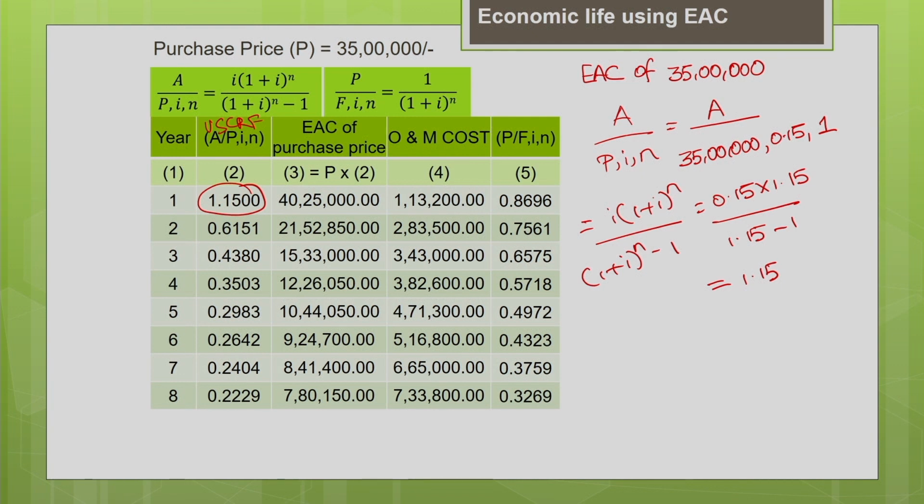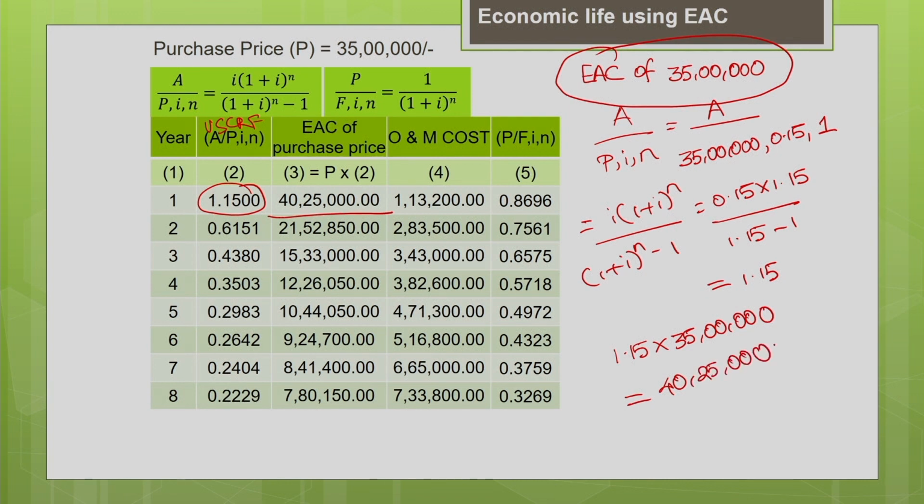Now to find the equivalent annual cost of 35 lakh, you multiply this factor 1.15 into 35 lakh. This gives me the equivalent annual cost as 40 lakh 25,000. You can see this is the equivalent annual cost for year 1 of the purchase price.